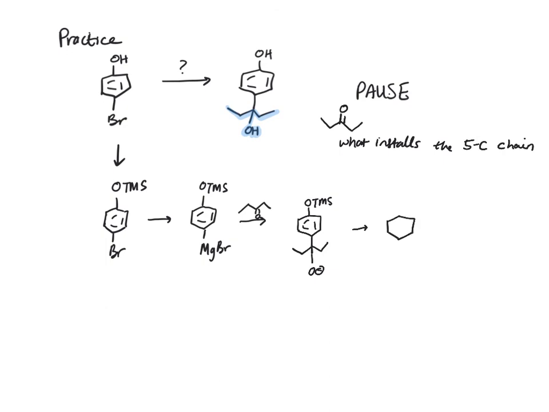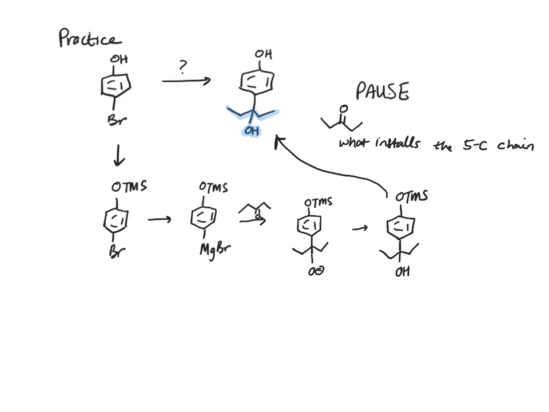Treatment with water is going to neutralize our alkoxide to form an alcohol. And then in our last step, we want to remove the protecting group to get to our phenol compound.